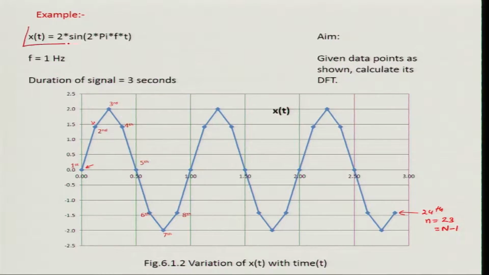The original signal was 2 sine 2 pi ft. So, the frequency was 1 hertz which we have calculated, and the amplitude was 2, and the last thing is phase.